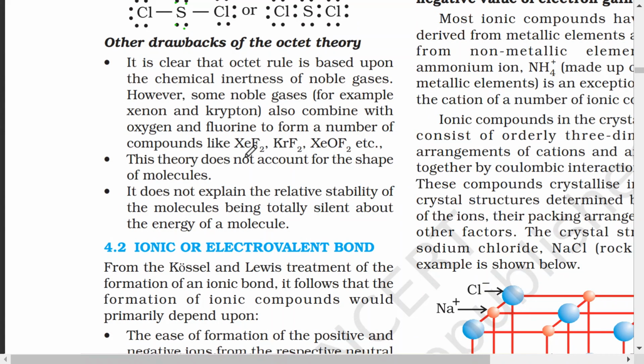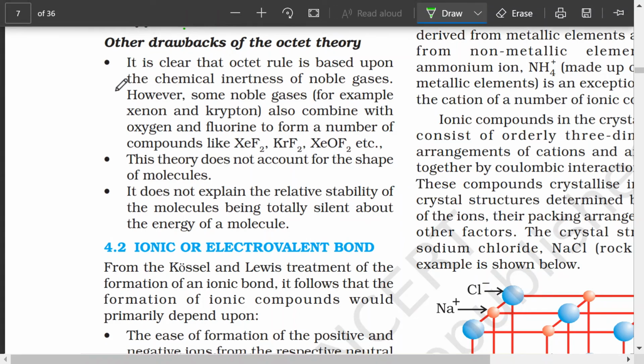Now other drawbacks of octet theory. It is clear that the octet rule is based upon the chemical inertness of noble gases. However, some noble gases, for example xenon and krypton, also combine with oxygen and fluorine to form a number of compounds like XeF2, KrF2, XeOF2, etc. This theory does not account for the shape of the molecule.